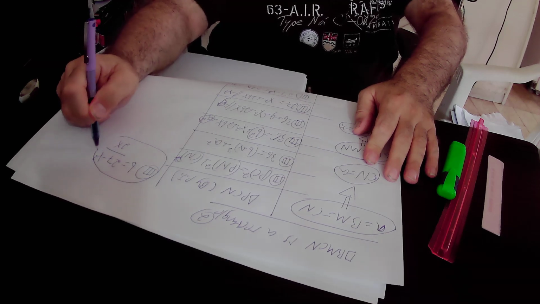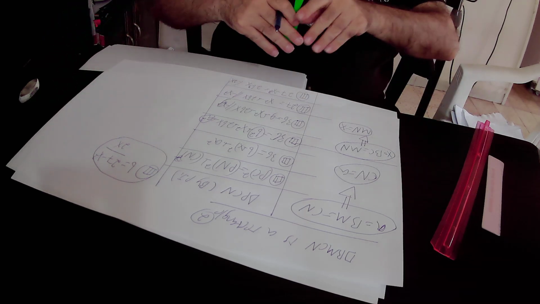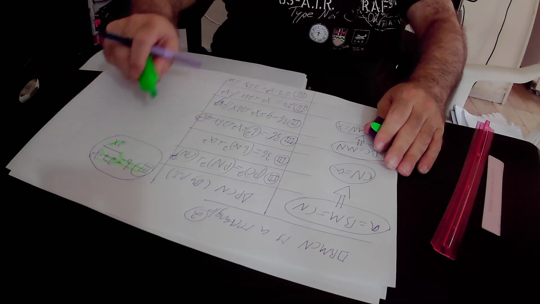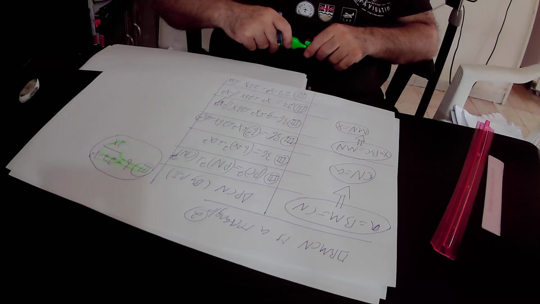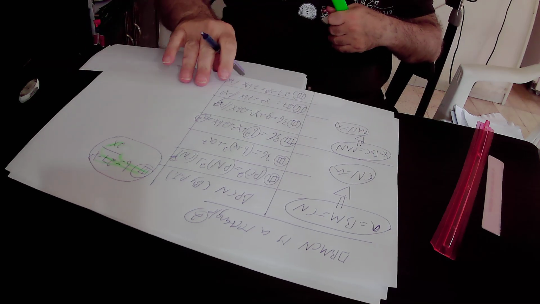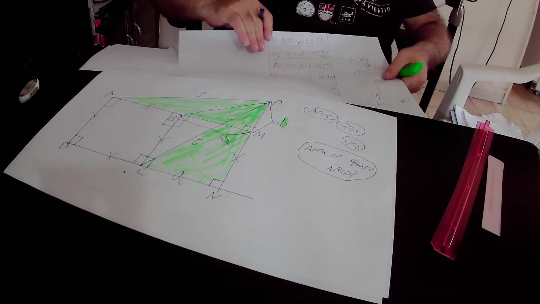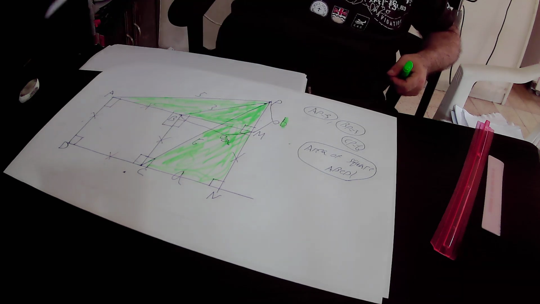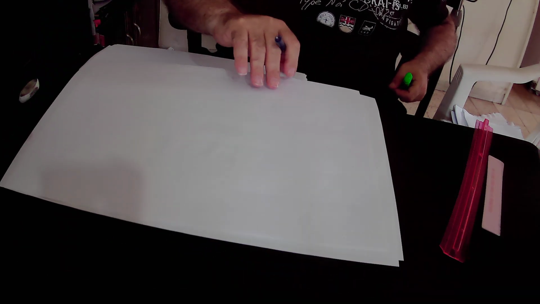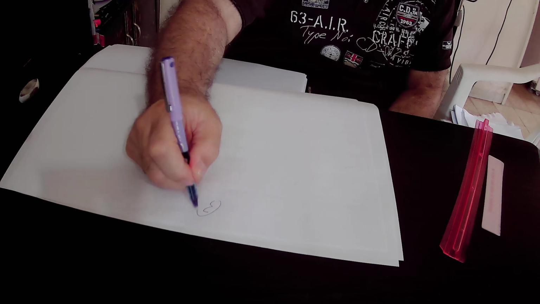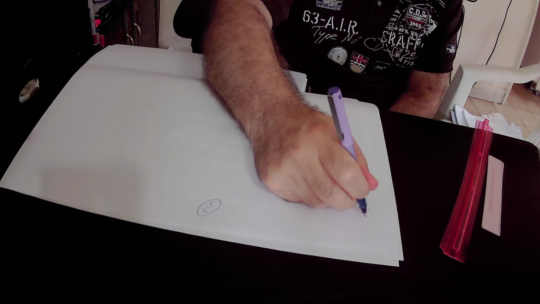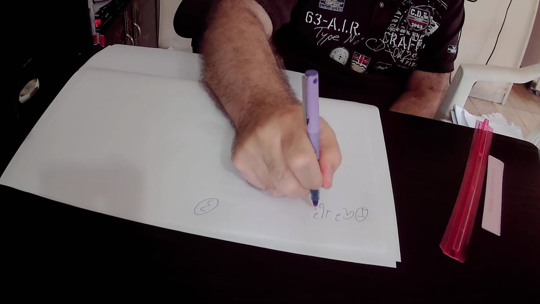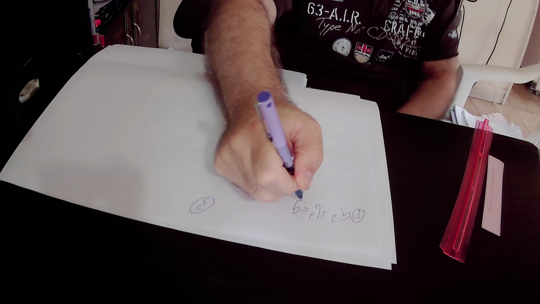So we found the value of b in terms of x, and we have already found the value of a also in terms of x. According to equation number 1, a squared plus b squared equals 9.